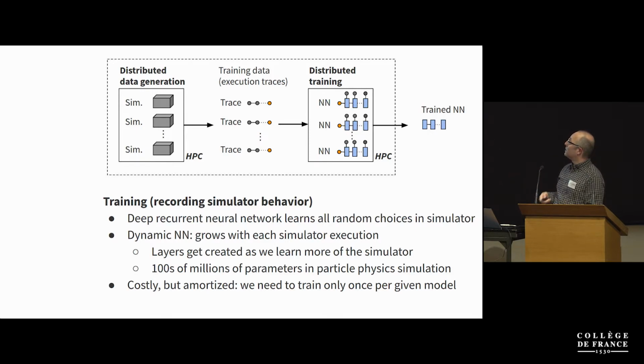So this is extremely costly, but you have to do it only once per given simulator. So when you start working with a problem, at the end of it, you have this trained neural network as an artifact. Initially, we called this a compilation artifact, and this method was called inference compilation.